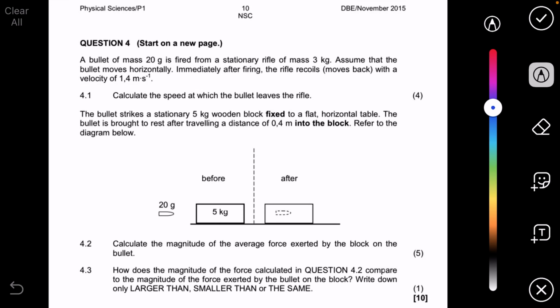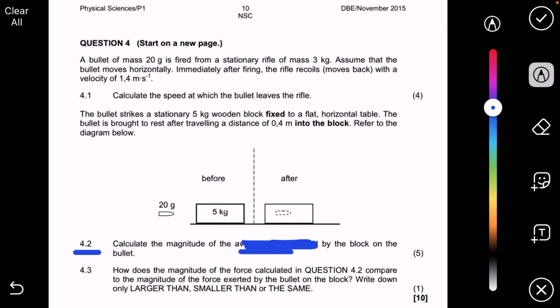So they say, we're on 4.2, calculate the magnitude of the average force exerted by the block on the bullet. Very much important, ladies and gentlemen. They want you to calculate the magnitude of the average force. If we remove that part, we remain with calculate the magnitude of the by the block on the bullet.